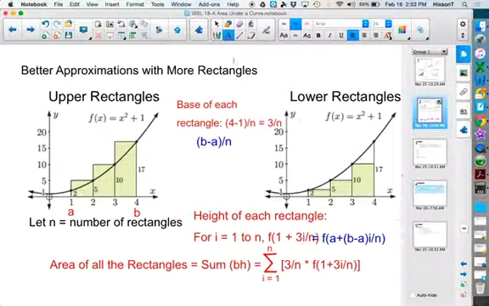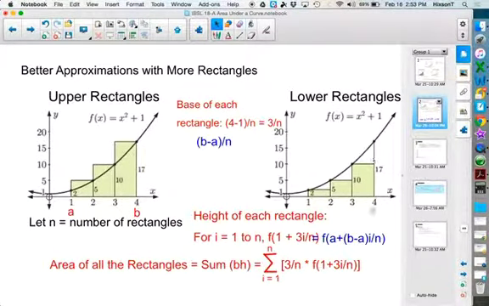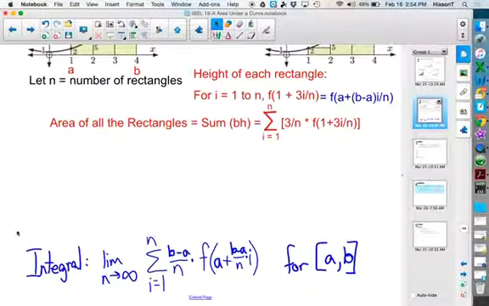Okay. All right? Now, you can kind of see where this is going here. We're still taking the sum from I equals 1 to n, but now instead of this, we have b minus a over n, and instead of being times this, it's times this whole expression. And that's where we get this definition for the integral.